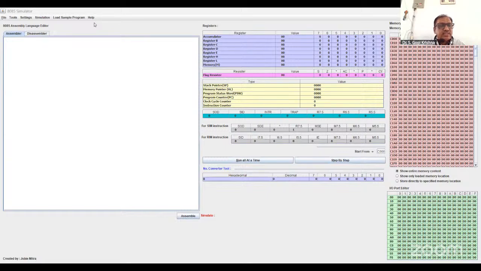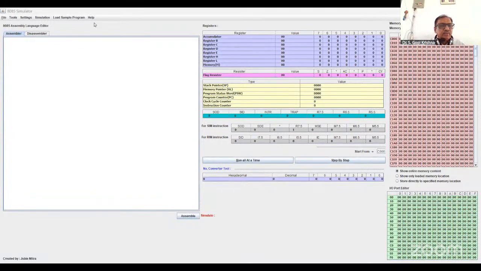Then LDAX register pair. There are three register pairs available with 8085. One is BC, DE is another pair, and HL.